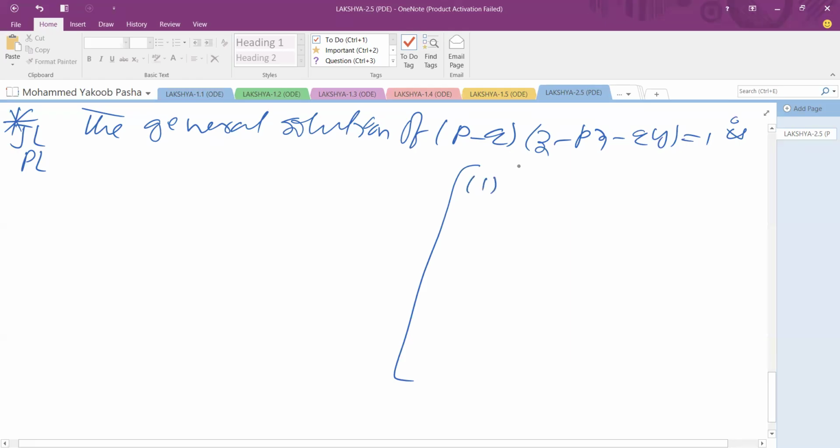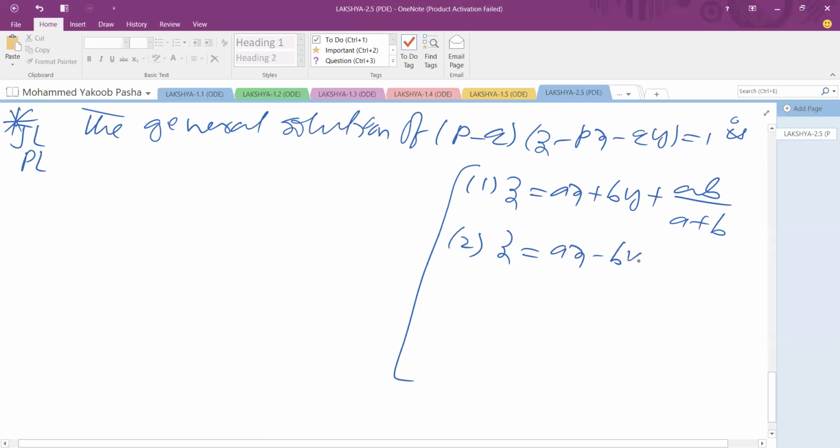First option, z is equal to ax plus by plus ab by a plus b. Second option, z is equal to ax minus by plus ab by a plus b.